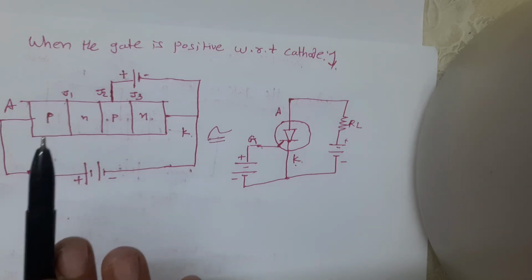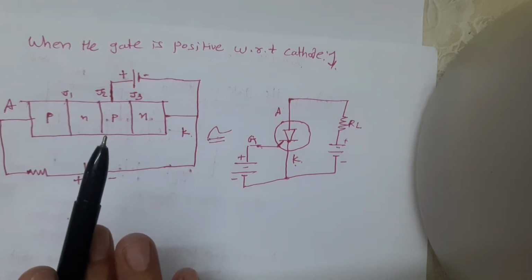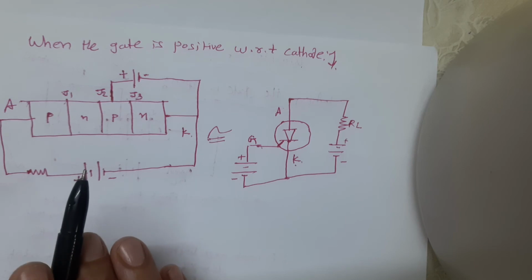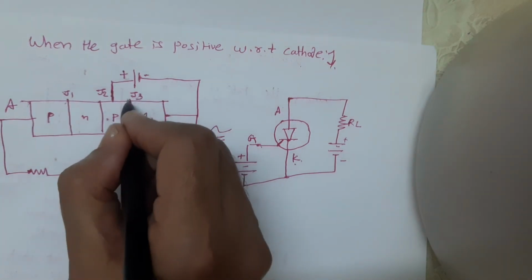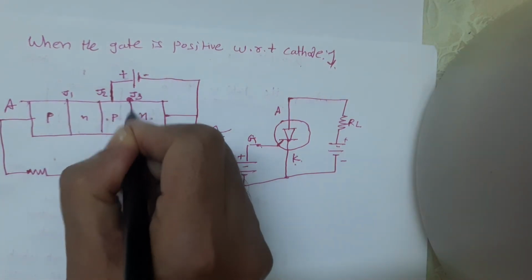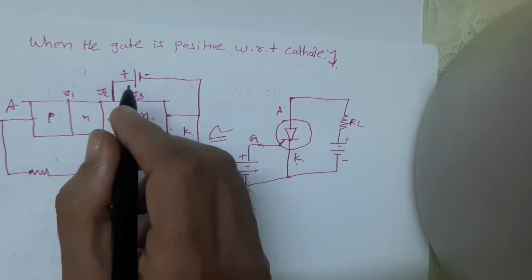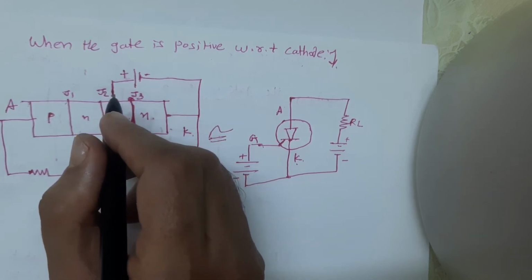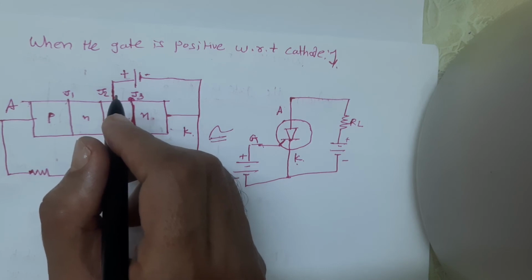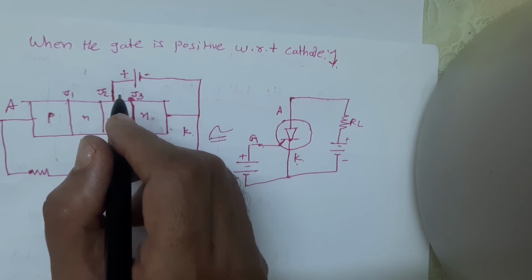Consequently, the electrons from junction J3 are attracted across the junction J2, and the gate current starts flowing.